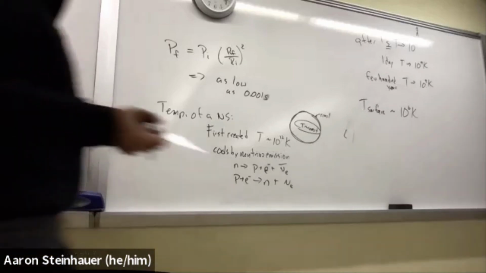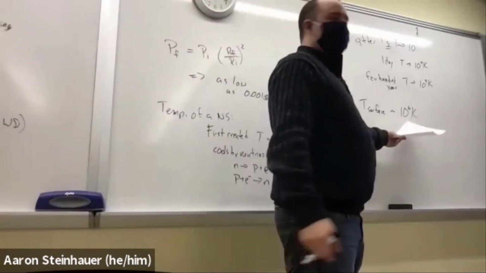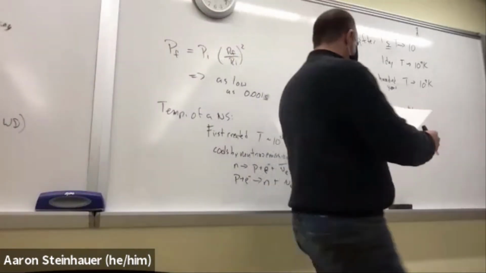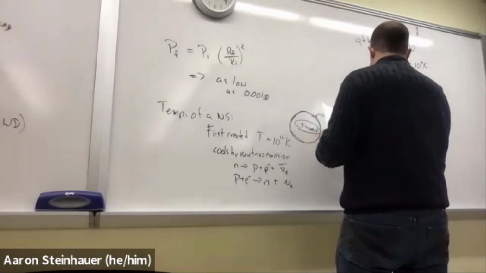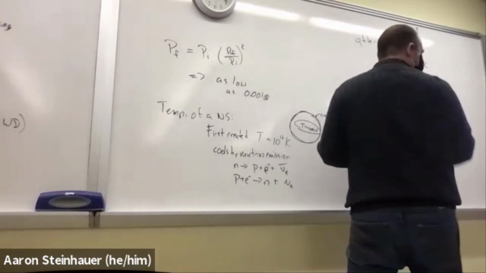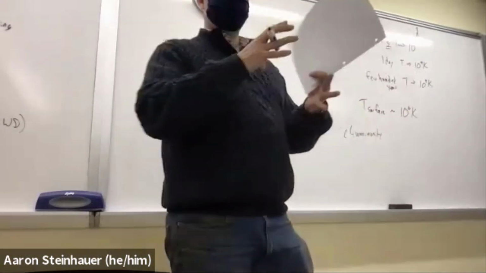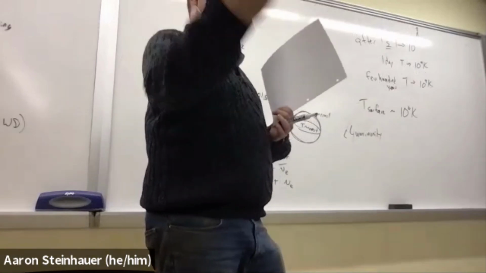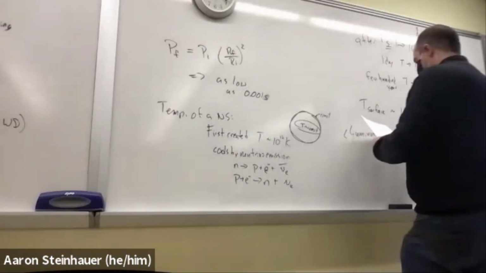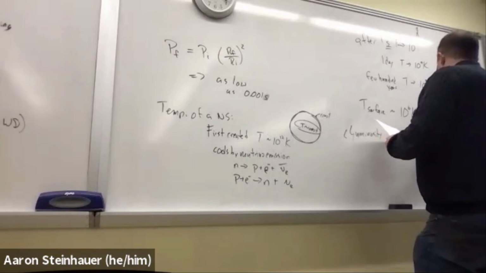But at 10 to the 6 Kelvin, what's the luminosity of a 10 to the 6 Kelvin object that's that small? We have all the information. We know its radius and we know its temperature. We can calculate the luminosity: 4 pi r squared, sigma T to the 4th.